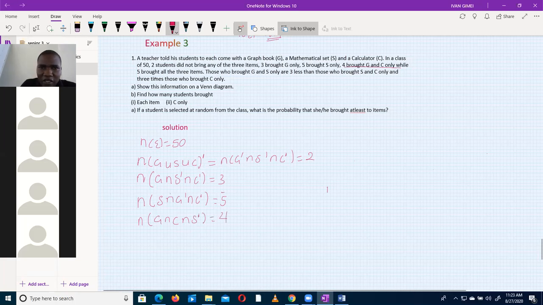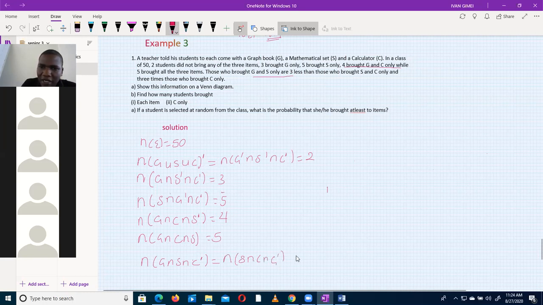Then 5 brought all the 3. Number of G intersection C intersection S. There are 5. Then those who brought G and S only, that means that C is complement. Those who brought G and S only are 3 less those who brought S and C only.